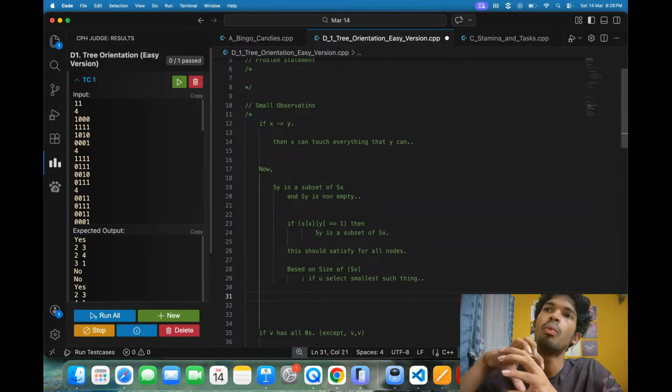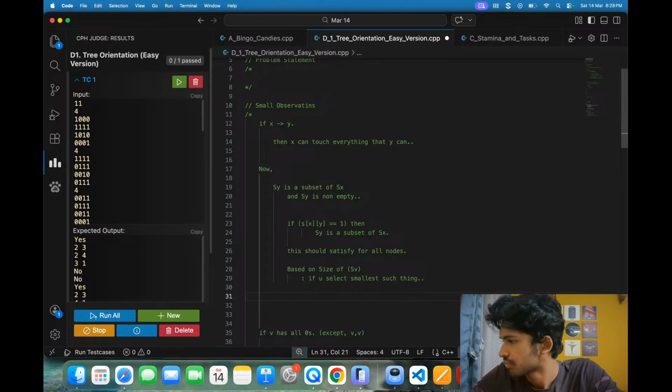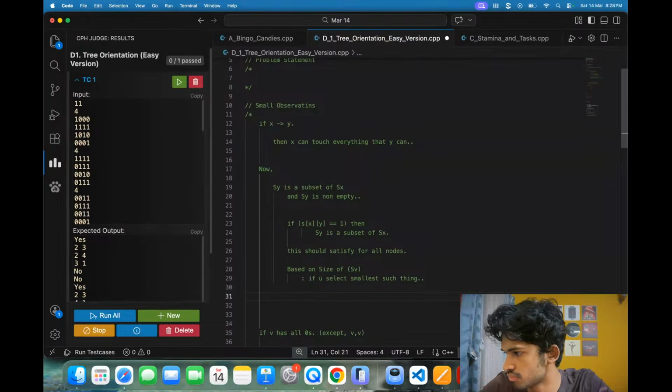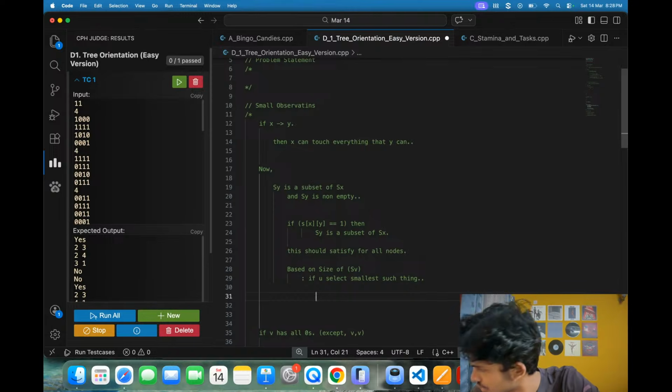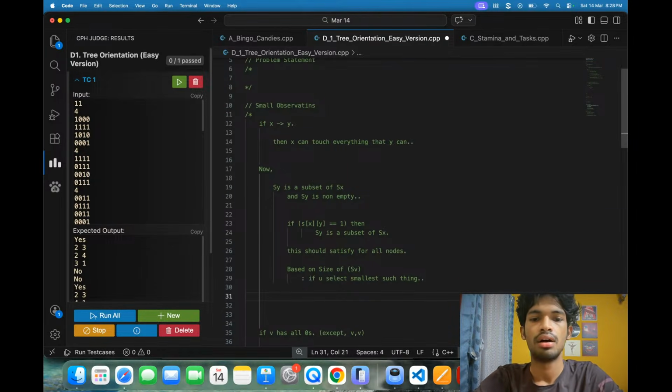Now whatever is present in this thing, if you look at the smallest such things, those things will definitely be leaves. Can you say that?